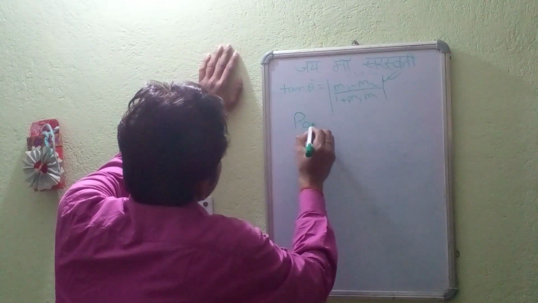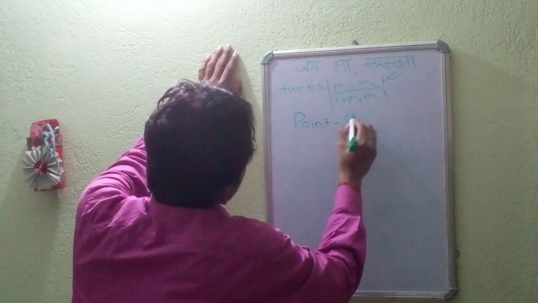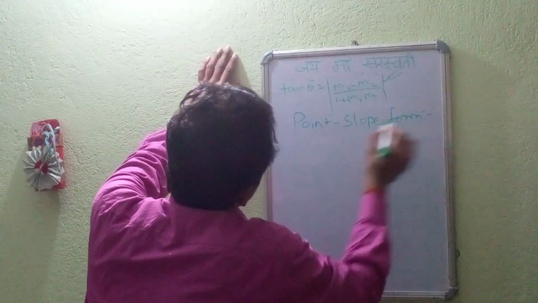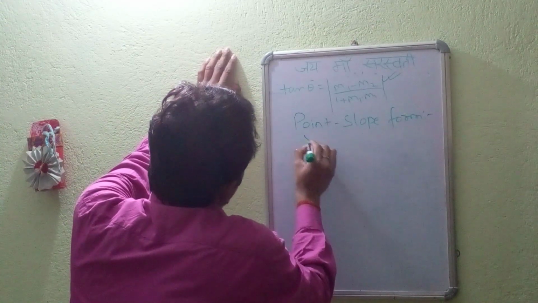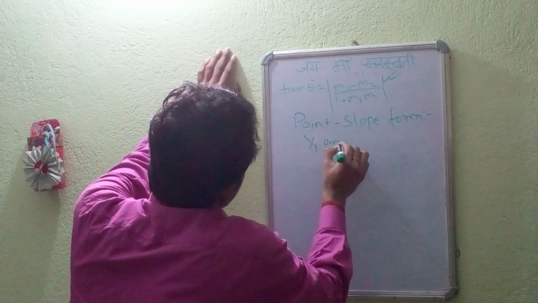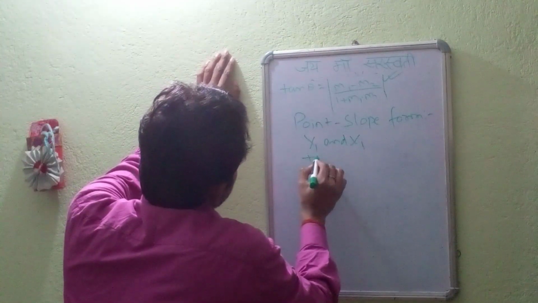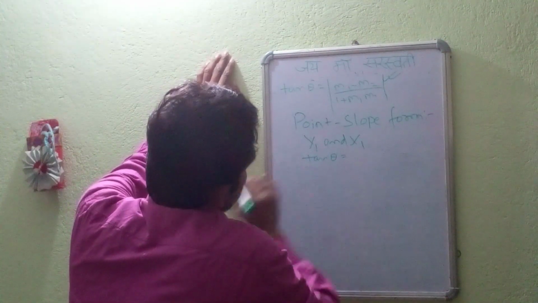Point slope form, in which one point is given, x1 and y1, and the slope is also given. Tan theta will be given.